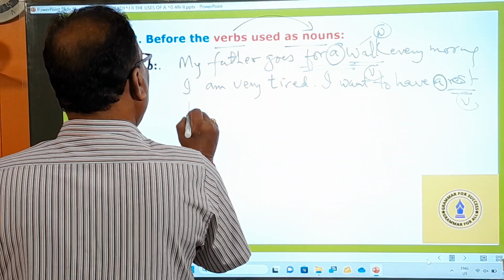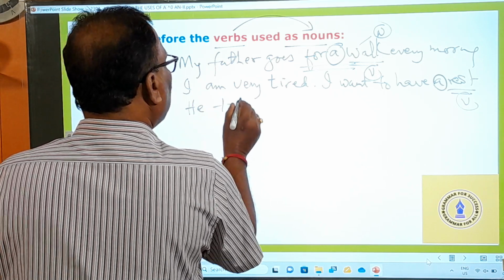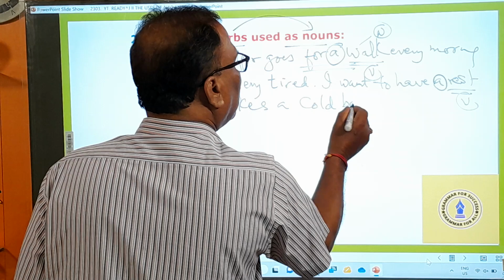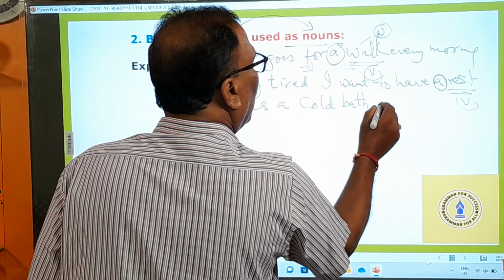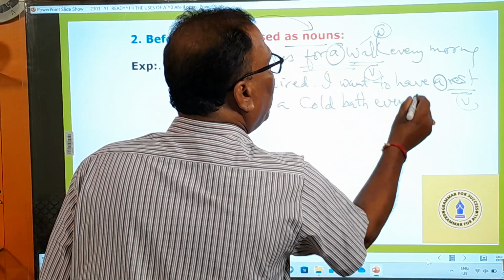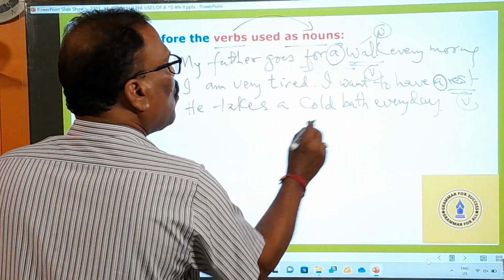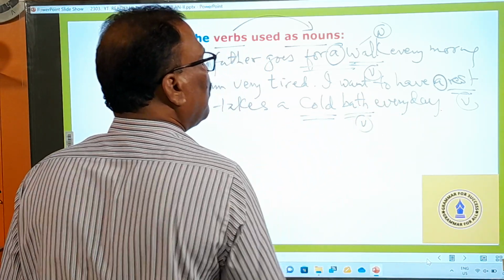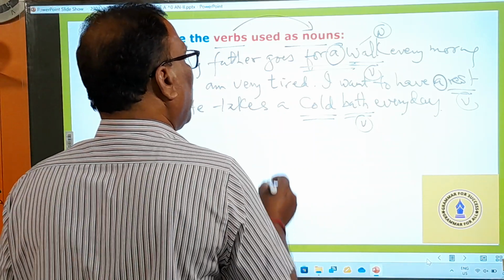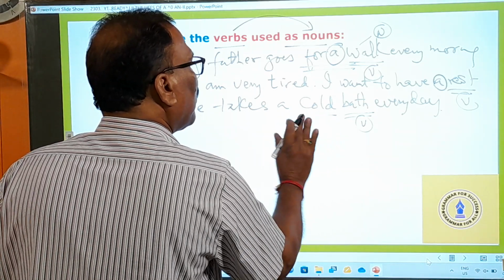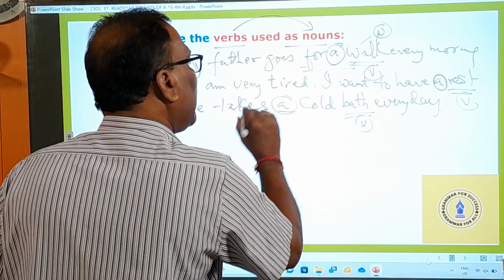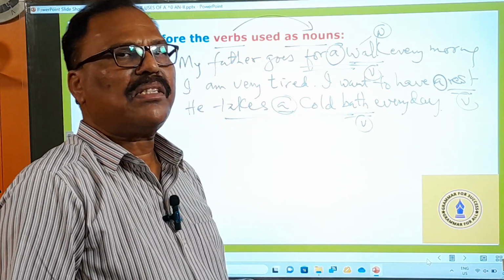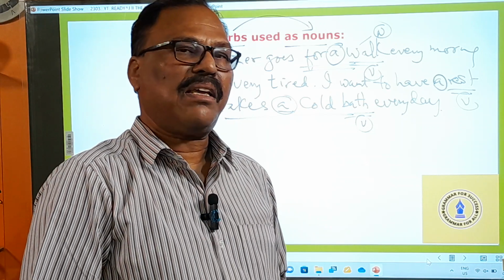What is that? He takes a cold bath every day. Bath is a verb, and here you have to, a cold bath is there. A is used. Taking a cold bath. Generally, bath is a noun, bathe is a verb.